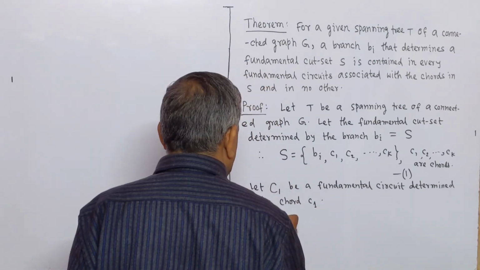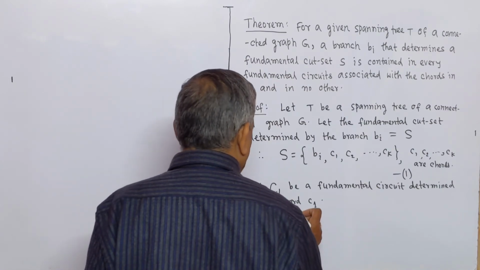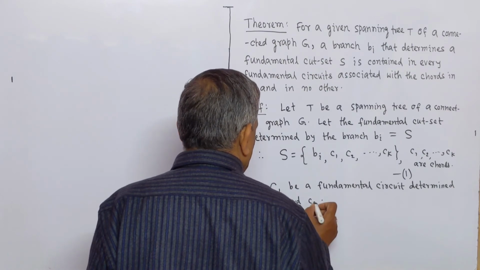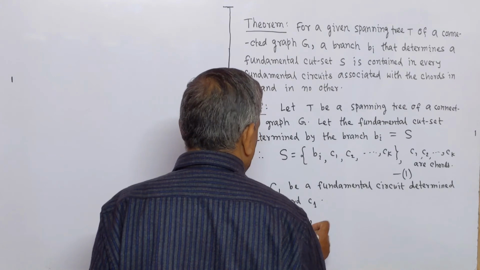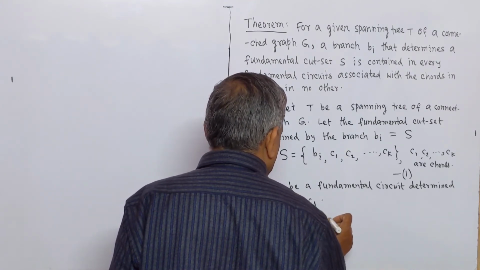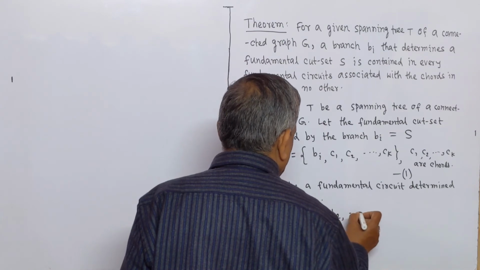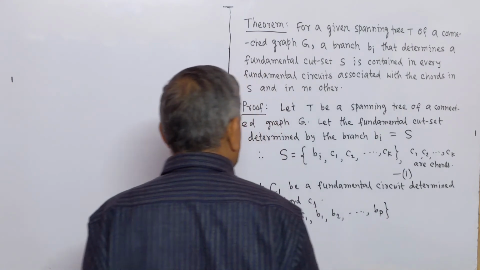Therefore, circuit capital C1 will contain chord small c1 and some branches B1, B2, dot dot dot BP.